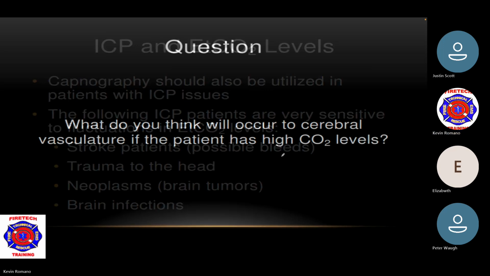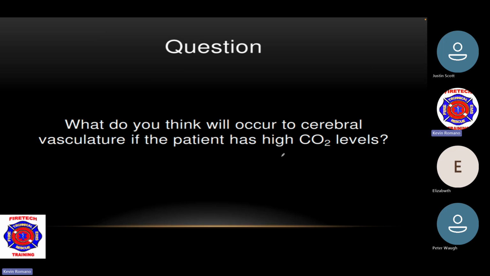Right? So what do you think will occur to cerebral vasculature if the patient has high end tidal? Remember I mentioned earlier that carbon dioxide is a very, very potent what? Vasoconstrictor or vasodilator?